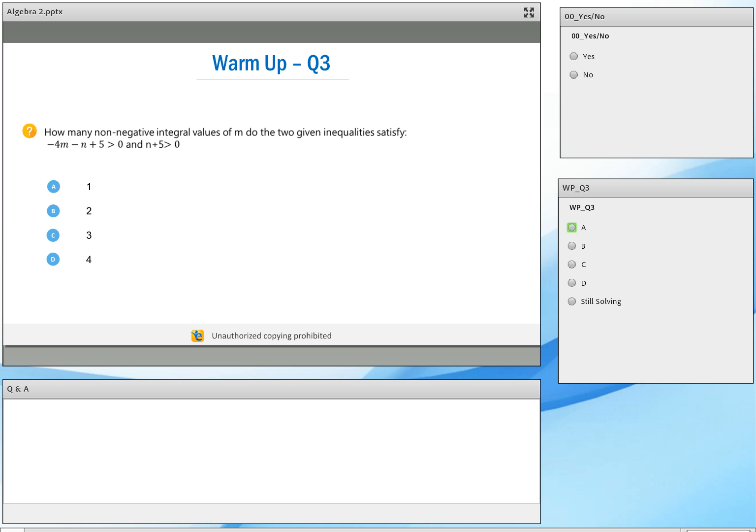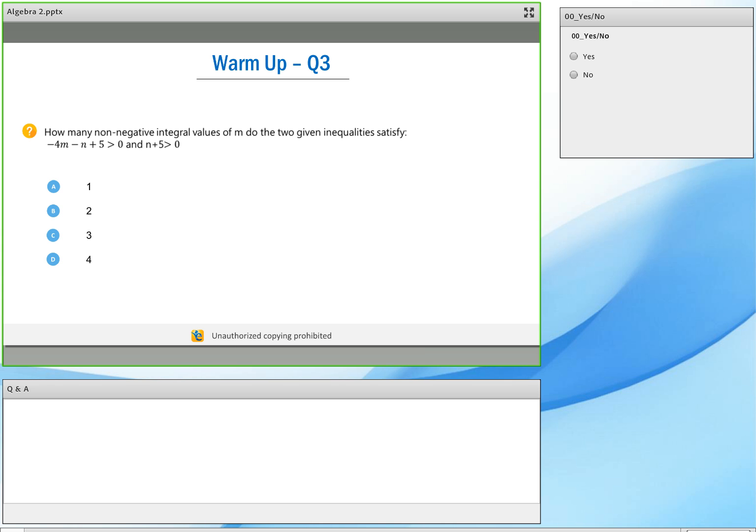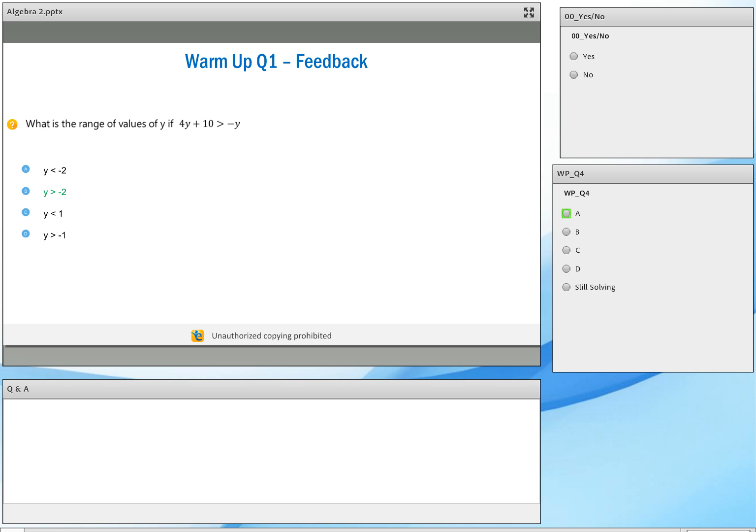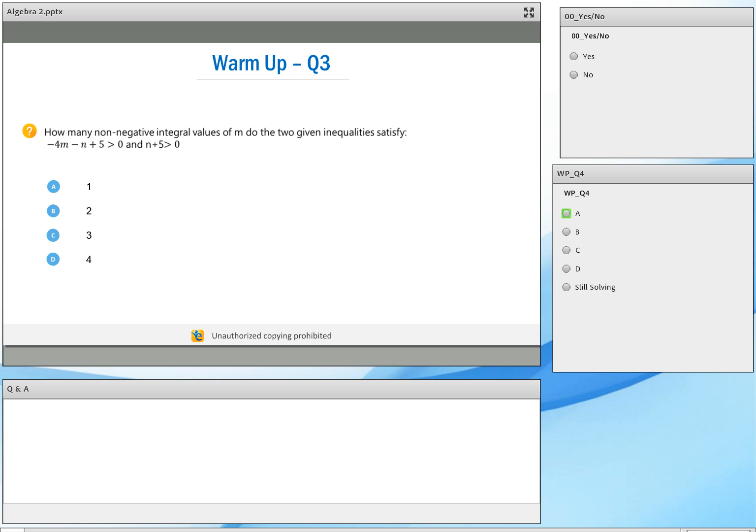I'm going to show you question number 4. Okay, there you go. Please click on still solving. All right, here's question 4. Oh, I give you question number 4 after I discuss these questions. Sorry about that. All right.